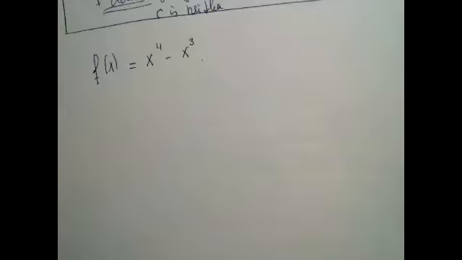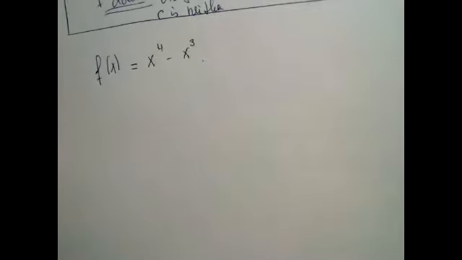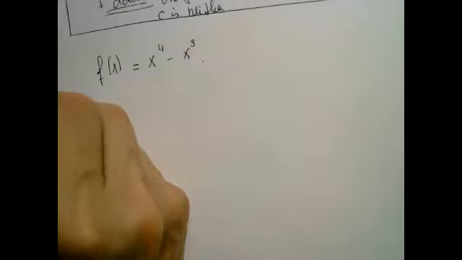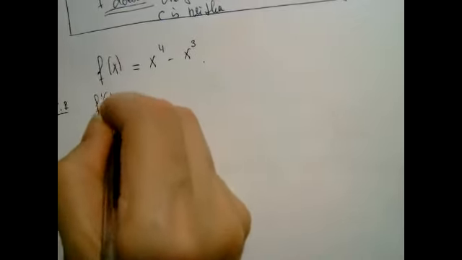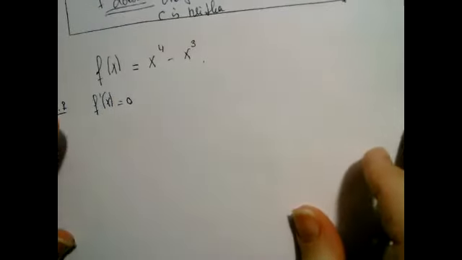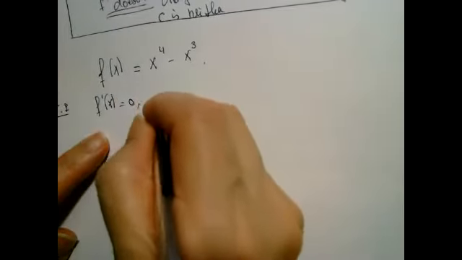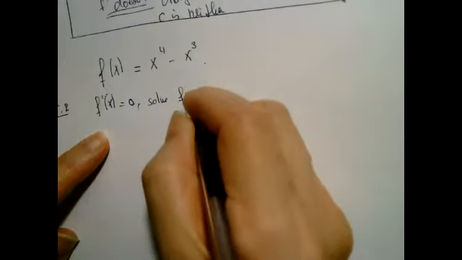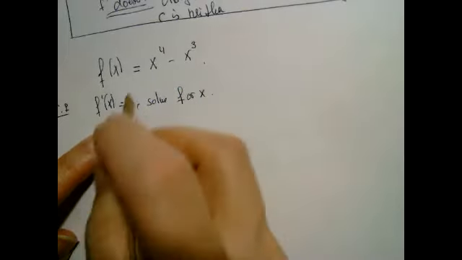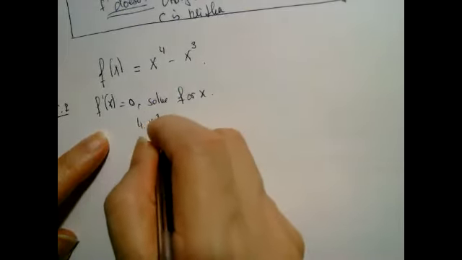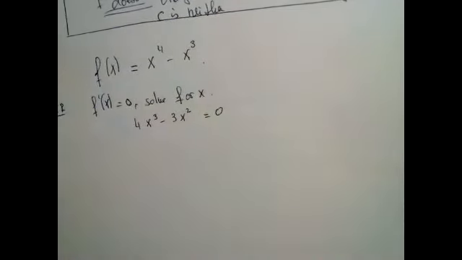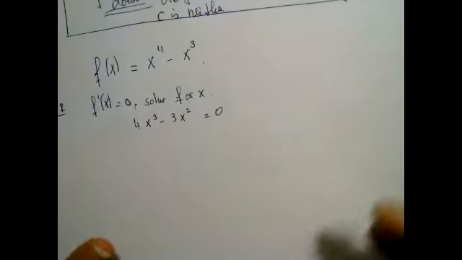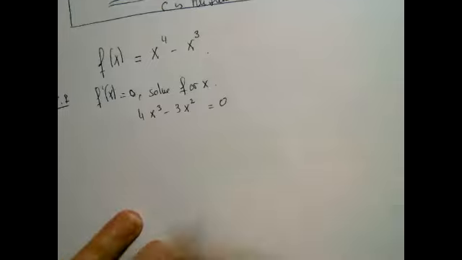All right, so here we are, critical points. It means you set F prime equal to 0 and solve for x. And remember, the only way to solve, and some of you struggle with solving something simple on the exam, is factoring.